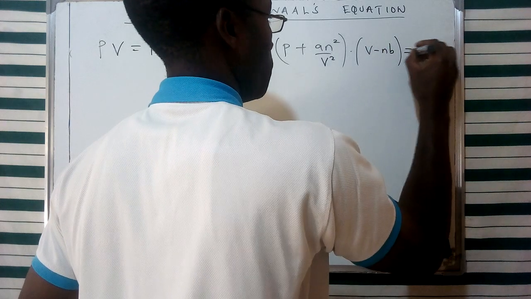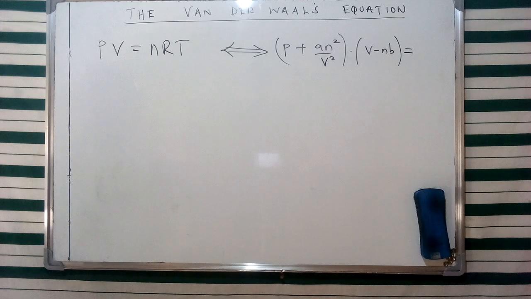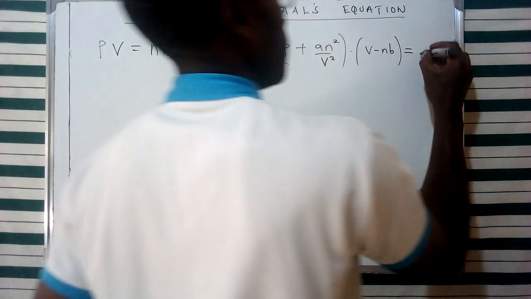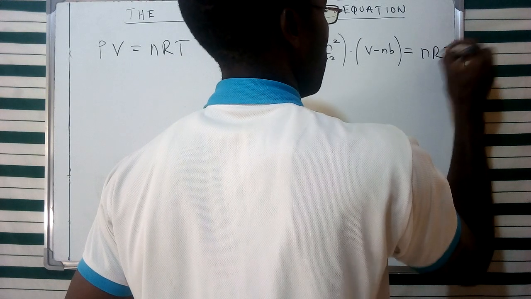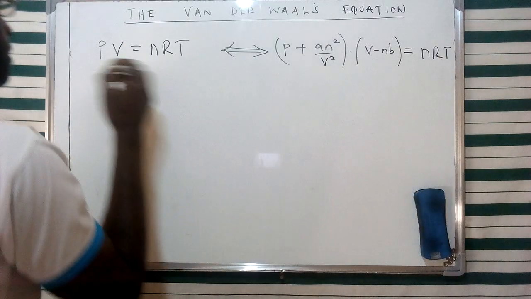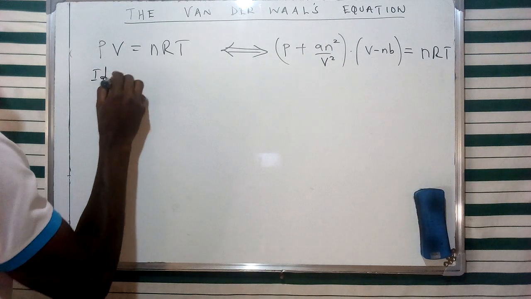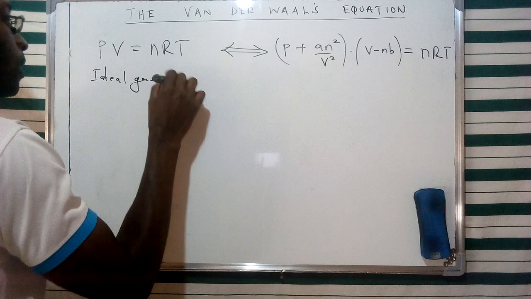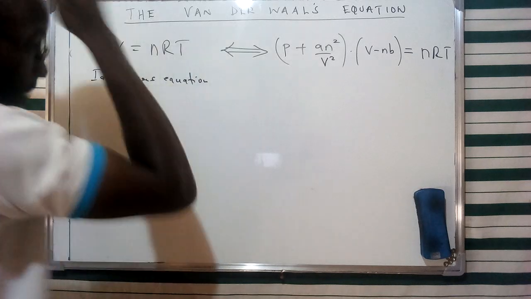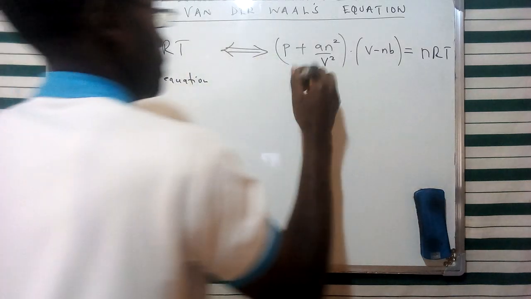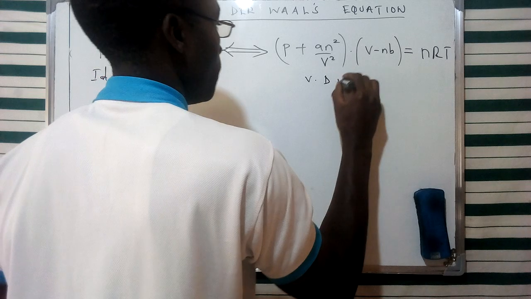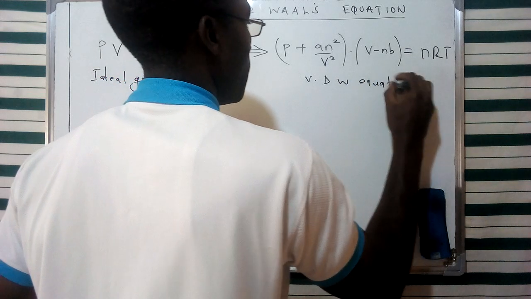I'm going to explain what these particular variables or constants represent, and this is going to be nRT. So this is the ideal gas equation, and the next is an equation of state, which is basically the van der Waals equation as such.